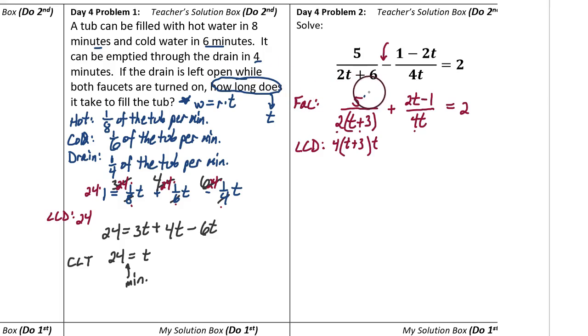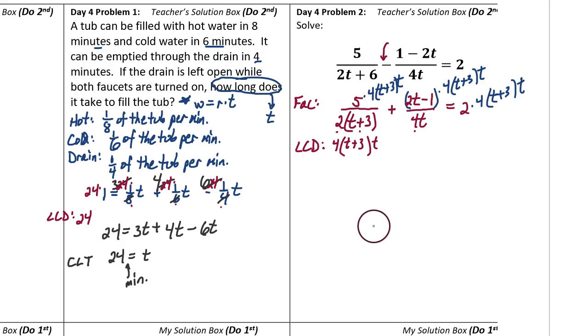So right here by the 5, we're going to multiply by 4, t plus 3, times t. And then this 2t minus 1, we're going to multiply by the 4, t plus 3, and t. And then the 2, we're going to multiply by 4, t plus 3, t.